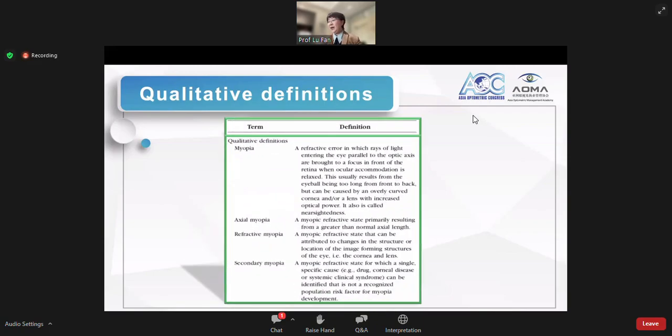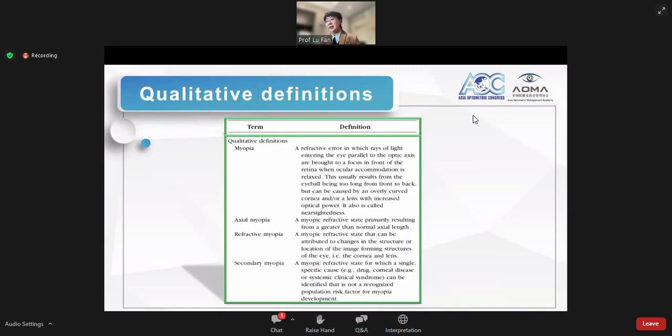And we cleaned up and redesigned the qualitative definitions, including axial myopia, refractive myopia, and secondary myopia. For example, axial myopia results from a greater than normal axial length.